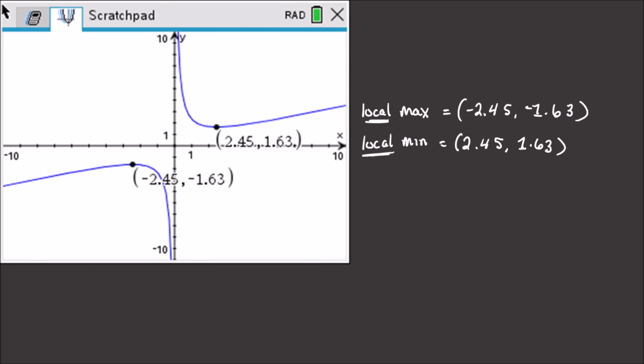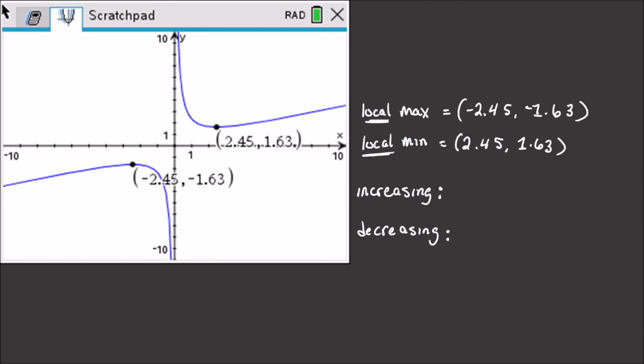So now we can determine intervals on which this function is increasing and intervals on which this function is decreasing. Well, remember, a function will change from increasing to decreasing at its local maximum.